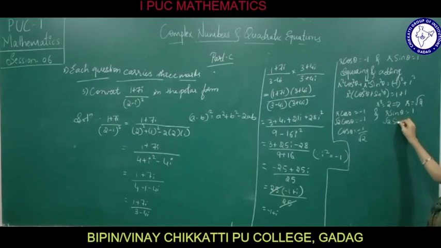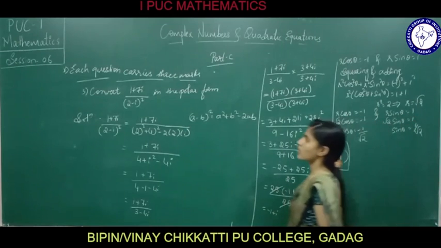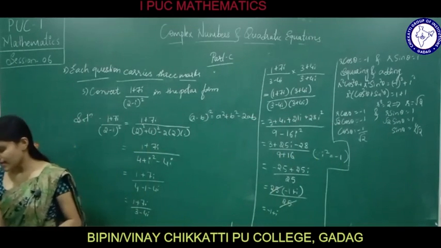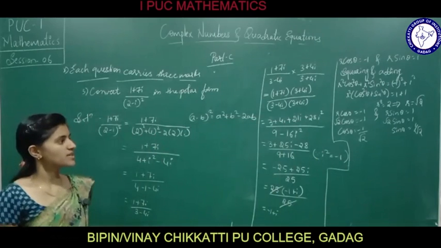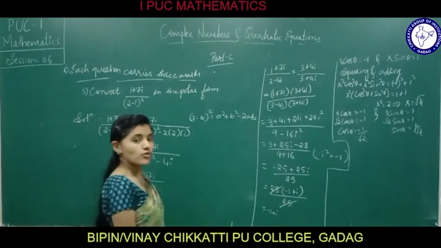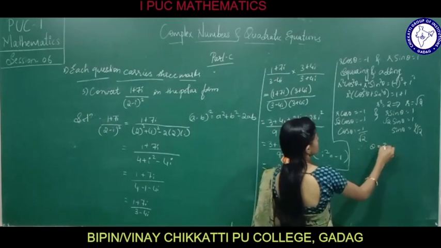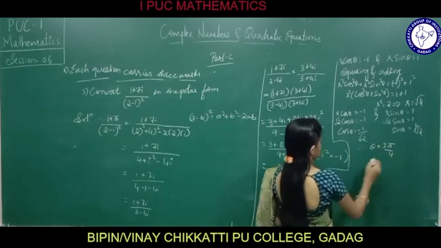Root 2 sin theta is equal to 1, and sin theta will be equal to 1 by root 2. See here, I got cos theta as minus 1 by root 2 and sin theta as plus 1 by root 2. Therefore, what will be the value of theta? Theta will be equal to 3 pi by 4.